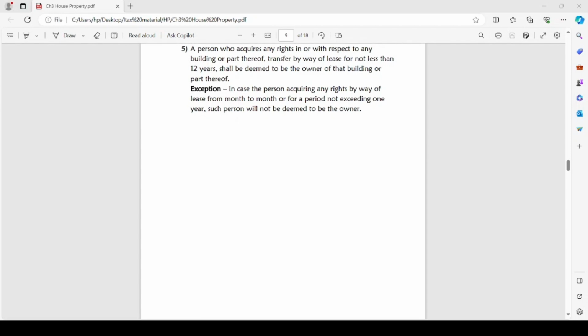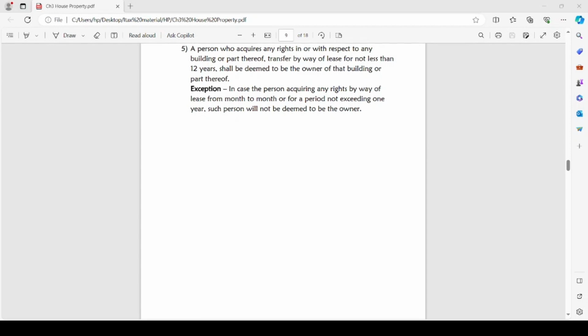But if the person has been constantly entering into lease agreements, like he has been acquiring rights by way of lease from month to month or in breaks, for a period not exceeding 12 years, and not for a continuous period of at least 12 years, in such a case the person shall not be the deemed owner.